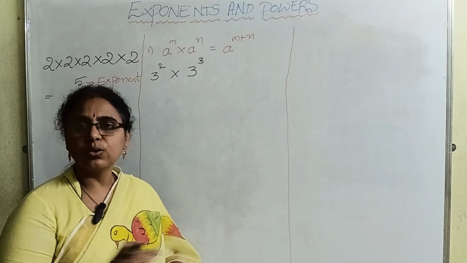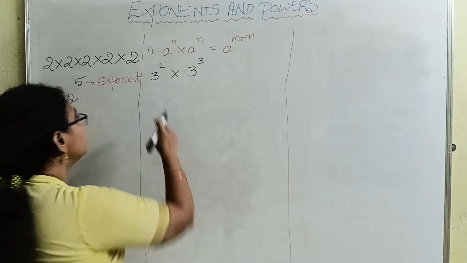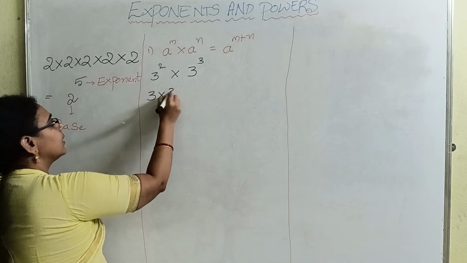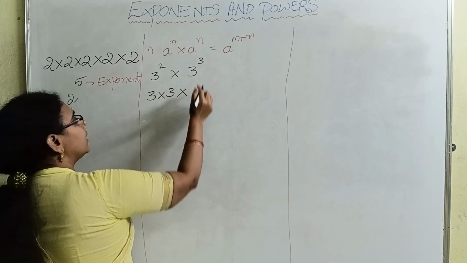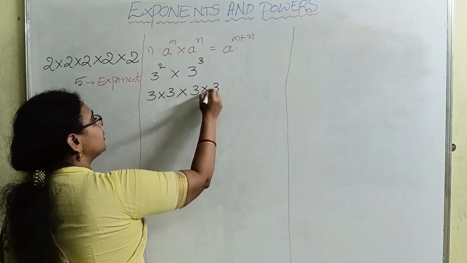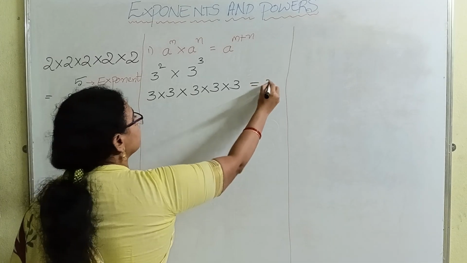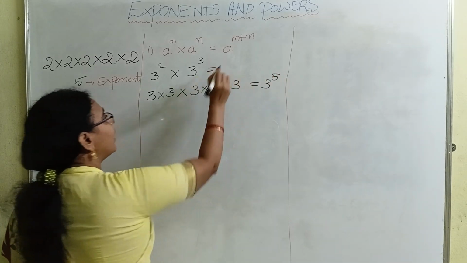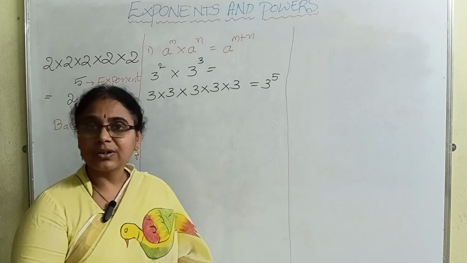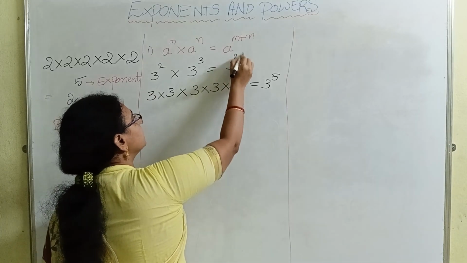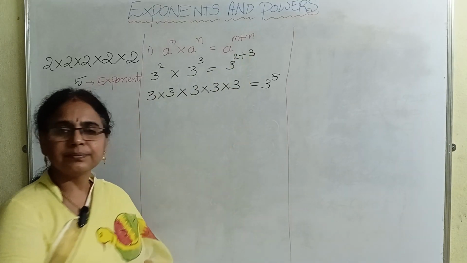Suppose we don't know the formula, how can we do this one? 3 to the power of 2 means the base you have to multiply 2 times, and 3 to the power of 3 means multiply 3 times. Totally how many times did you observe? 5 times. Without writing in the product form, we can directly add the powers, the exponents.